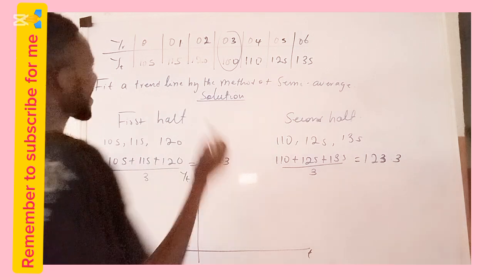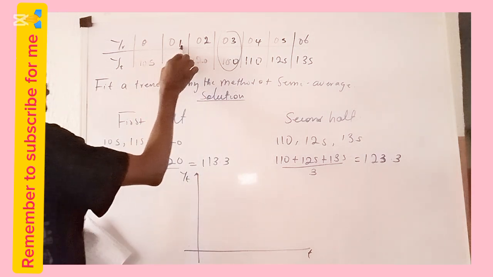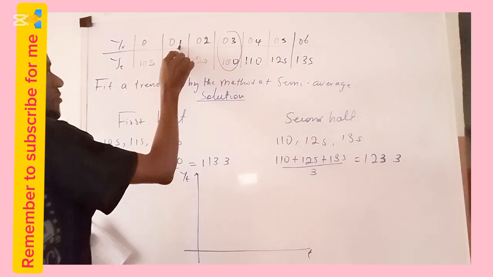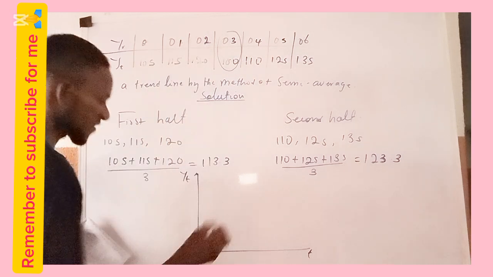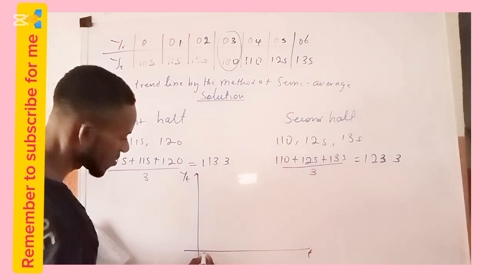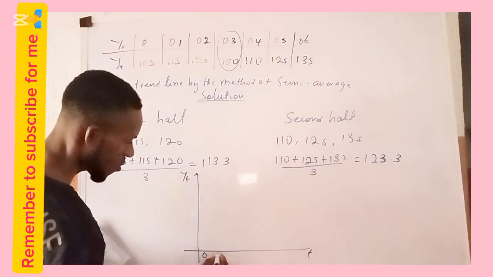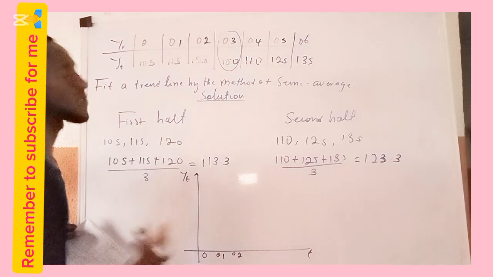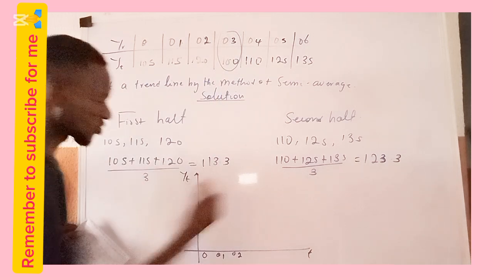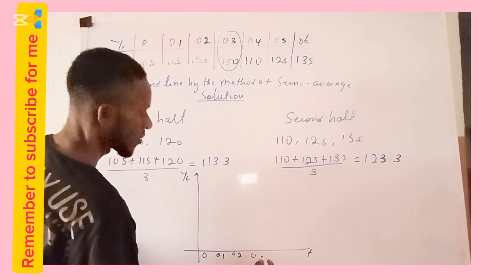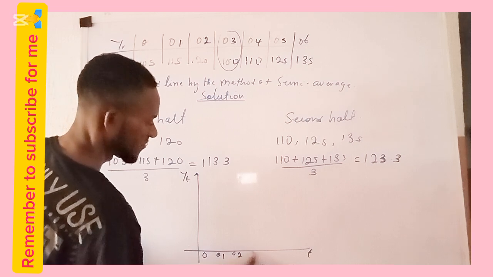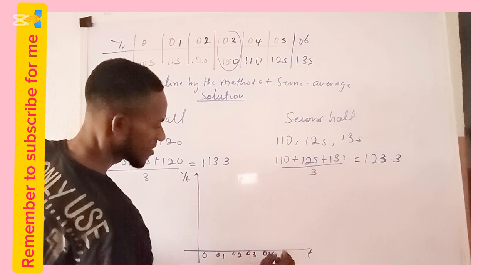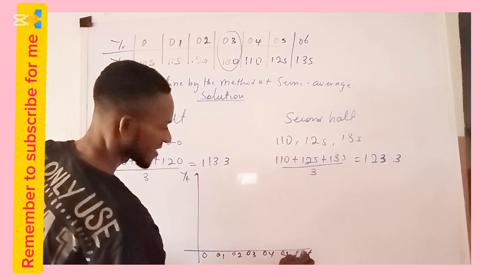Do remember that this time starts from O0 for 2000, O1 for 2001. So you can have O0 here, O1 here, O2 here, 03 was skipped, then O4. Even if you put that O3 there, it will not be used. Here is our O4, here is our O5, and here is our O6.